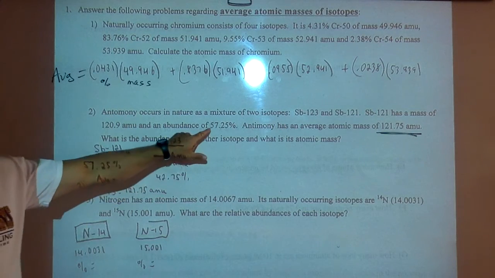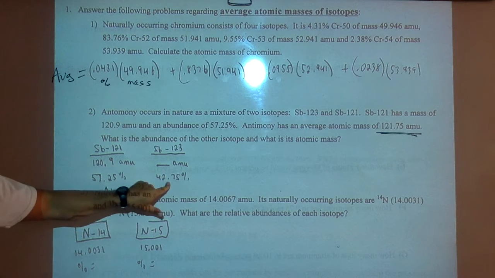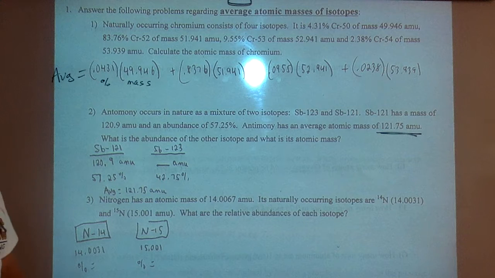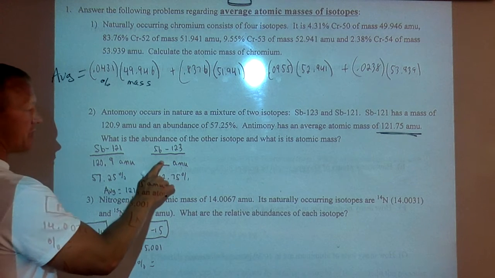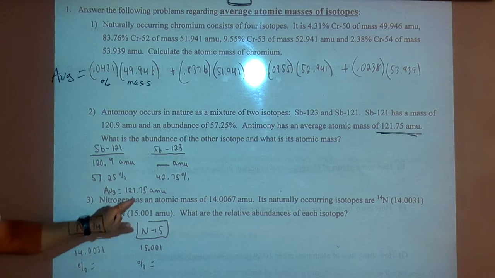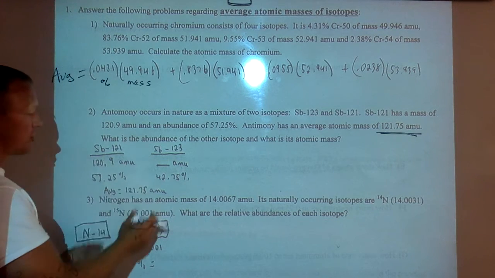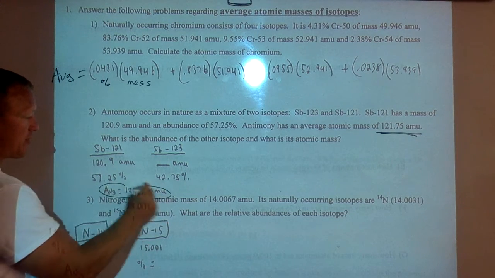Well, we know the percent of this isotope is 57.25%, so 100 minus that, so 123 would be 42.75%. So pretty easy to get that percent. I don't know what this mass is. Obviously, it's going to be close to 123, 122 point something probably. But I do know the average. So the average of these isotopes and those isotopes, the average is that.